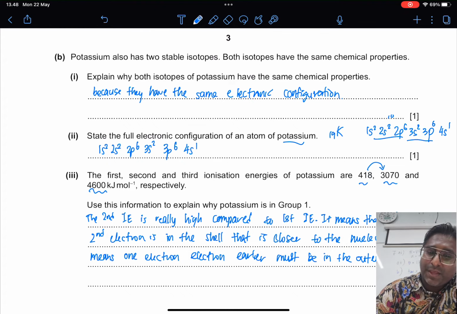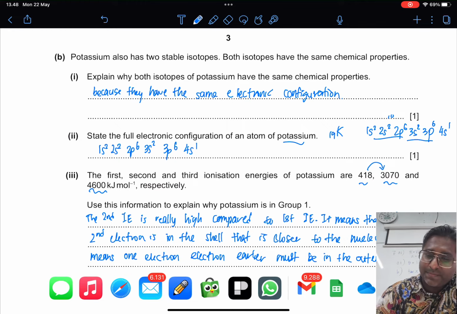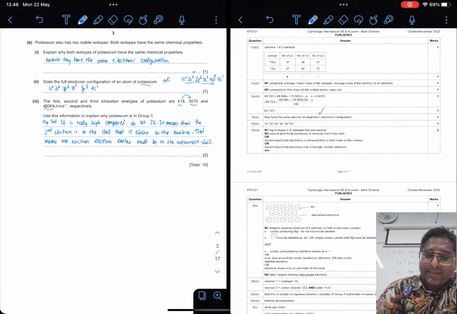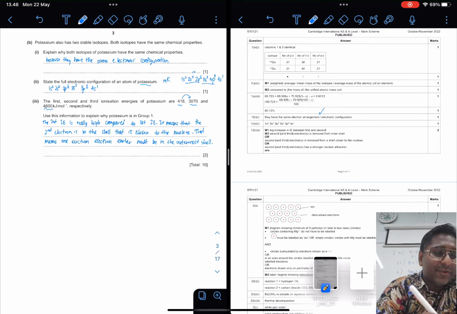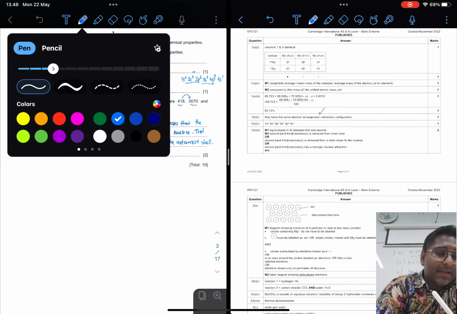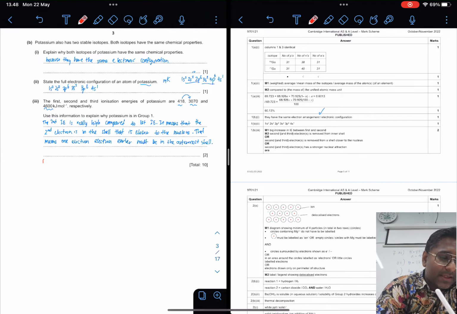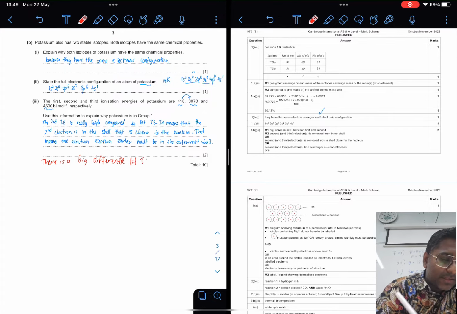Okay, so here if you check again the marking key, there is a big increase in ionization energy between first and second. I said really high, but I think it's better to follow the marking key, because they say there is a big difference between first ionization energy and second ionization energy.